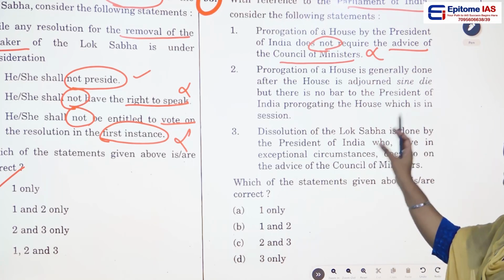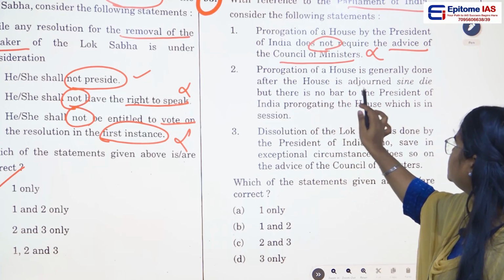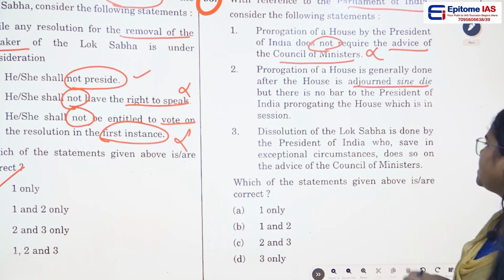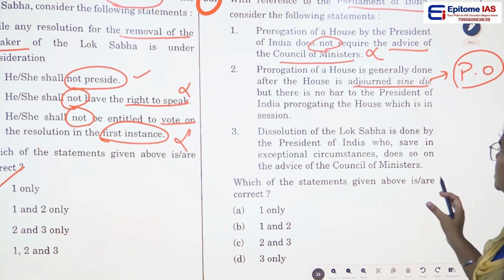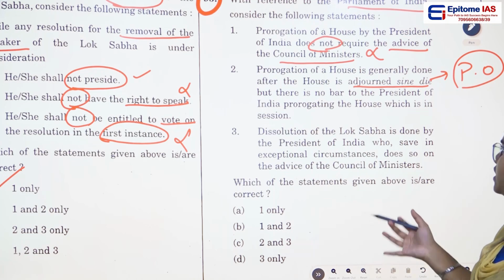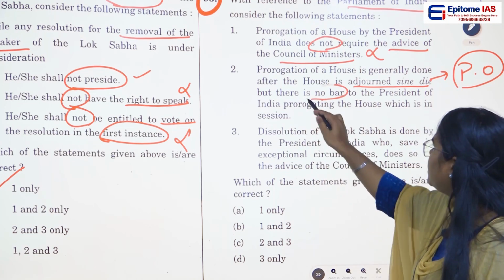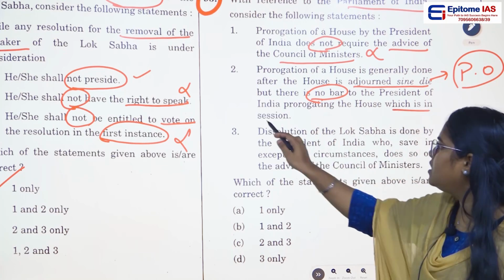Statement 2, prorogation of a house is generally done after the house is adjourned sine die. Yes, the adjournment sine die is done by the presiding officer. After this, the President calls for the prorogation. But there is no bar to the President of India proroguing a house which is in session.